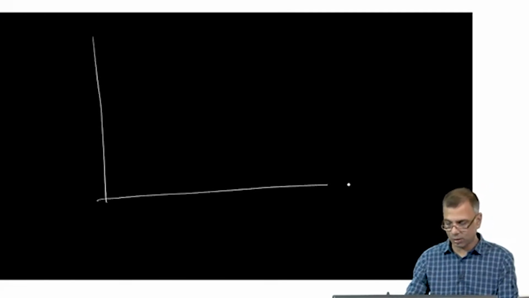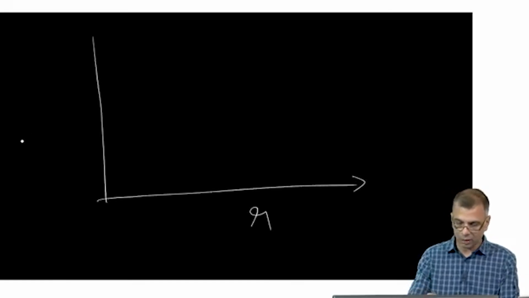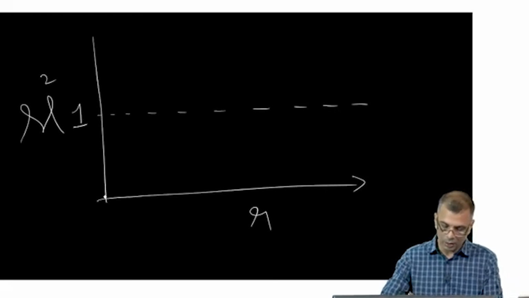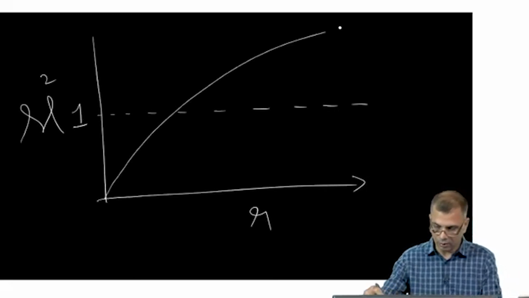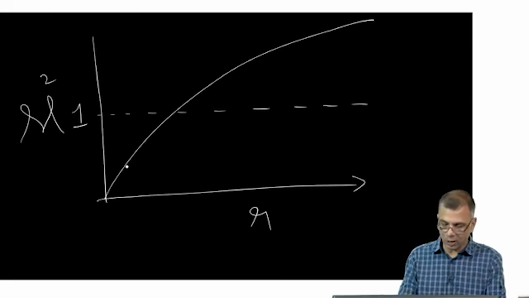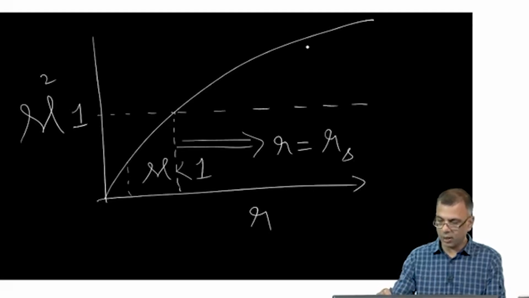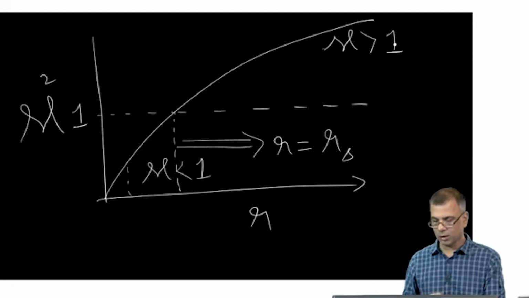So if I was to redraw this solution, r versus Mach number squared, and this is where it's 1, the solution looks like this. At small r, Mach number is less than 1, here this would be the sonic point, and here the Mach number is greater than 1.